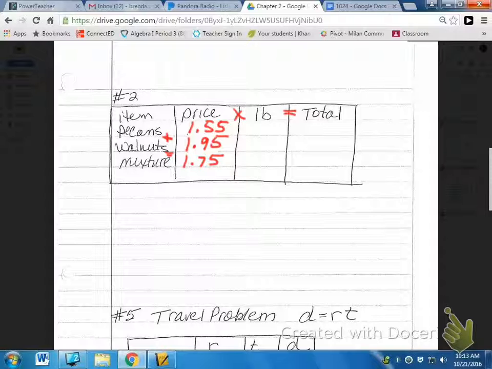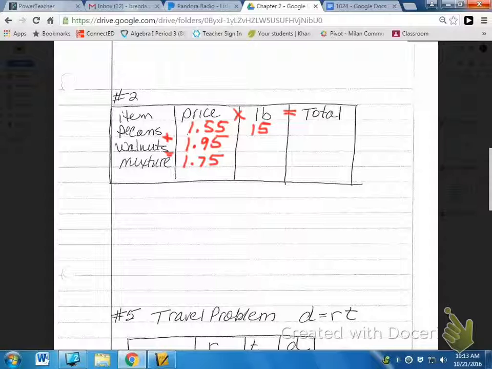Now the pounds. It says how many pounds of walnuts must be added to 15 pounds of pecans to make a mixture that blah blah blah. So what am I going to fill in for pounds with the pecans? 15 pounds of pecans. What about how many pounds of walnuts?